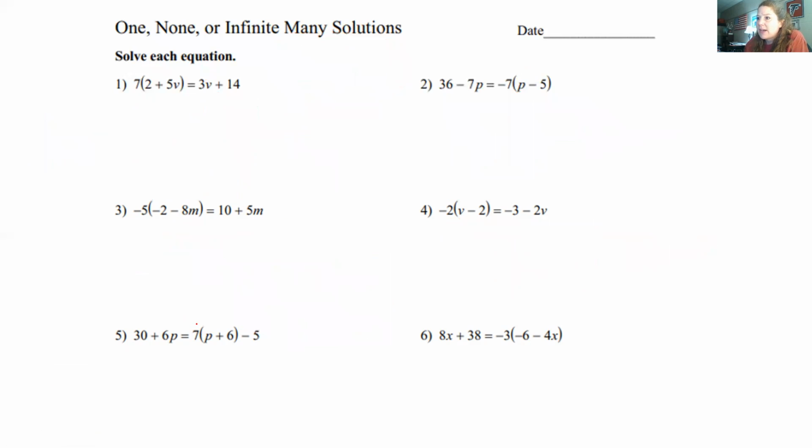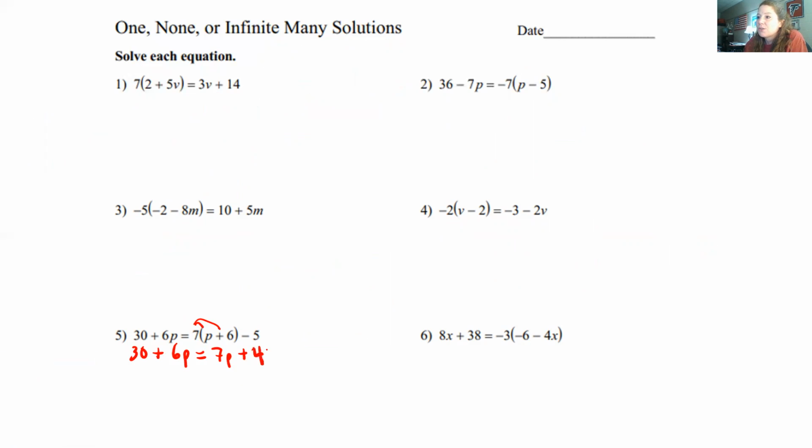All right, number 5, I'm going to distribute that 7. So I have 30 plus 6p equals 7p plus... wait, what am I saying? For a minute, I forgot what 7 and 6 multiplied together gives me.